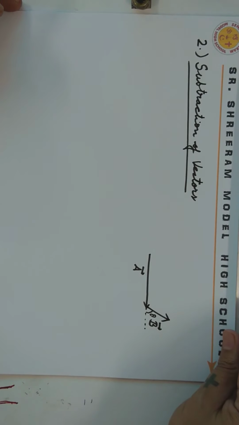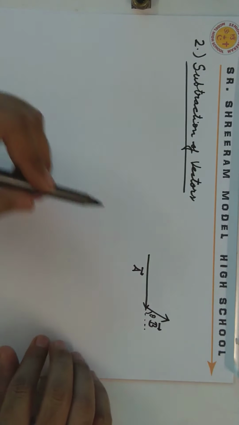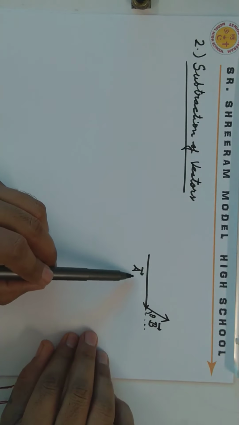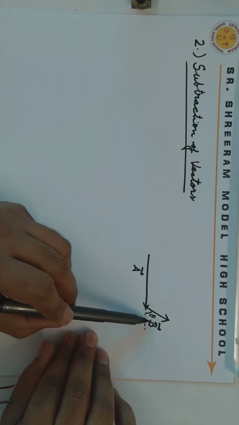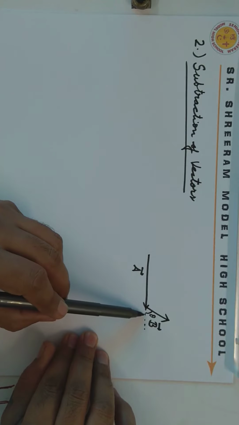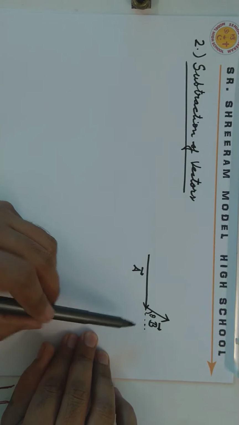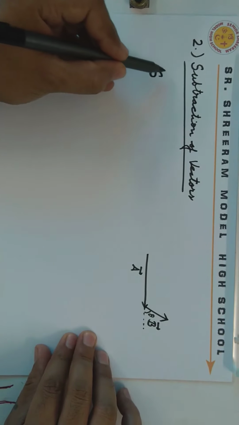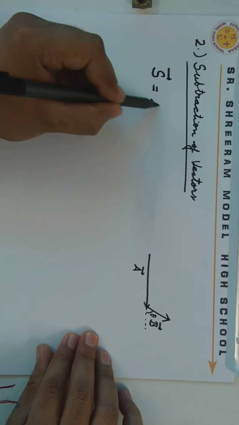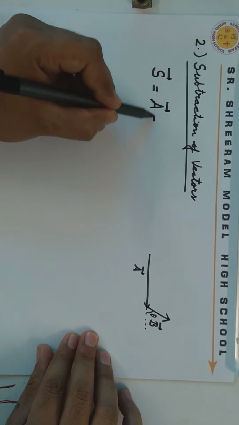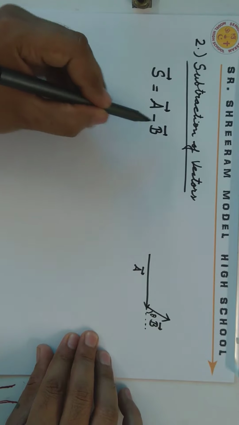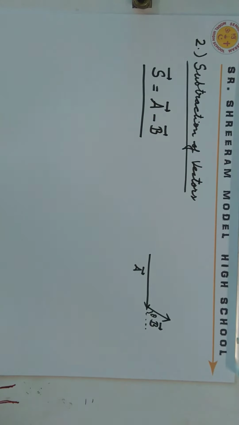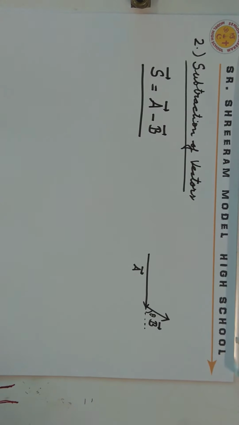Subtraction of vectors. Okay, so here we see there is a vector A and there is a vector B which makes angle theta with vector A. Now what I need is a vector S which is equal to A vector minus B vector. And to be very frank, we don't know how to subtract two vectors.